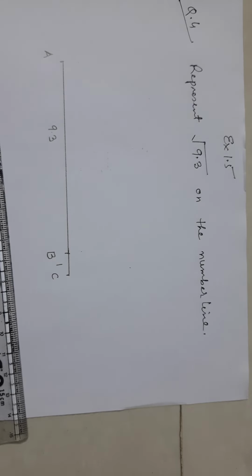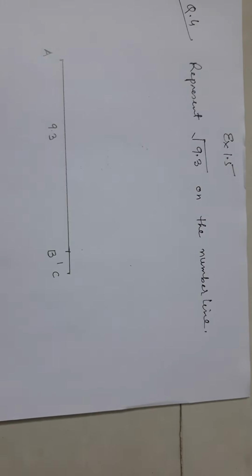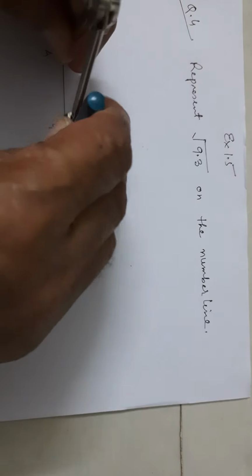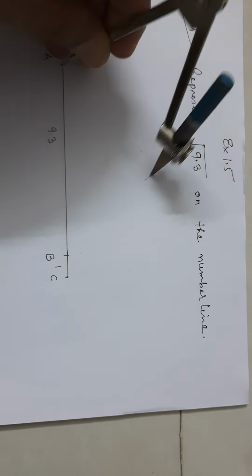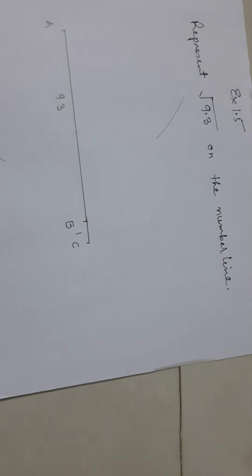Now let's find the midpoint of AC in a similar manner as we did in the last one. So in this case I will take more than half, one arc on the other side, one below.